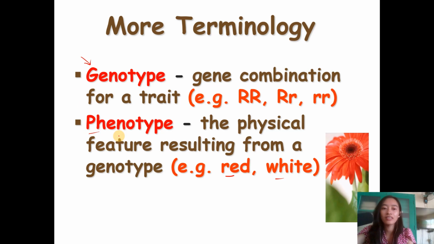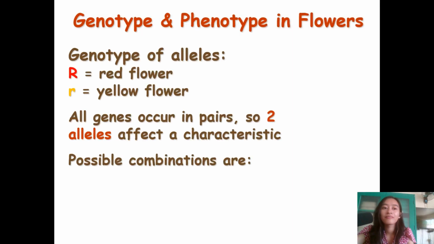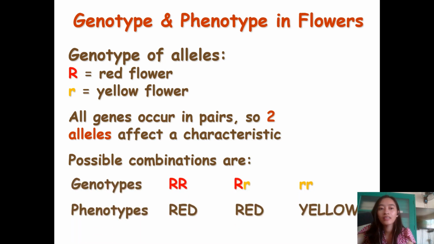So genotype, phenotype. For example, we had this one last meeting. There could be different genotypes like this one, and the dominant allele will come out. If both are dominant, it is also dominant. With only one dominant, a dominant trait will still come out.